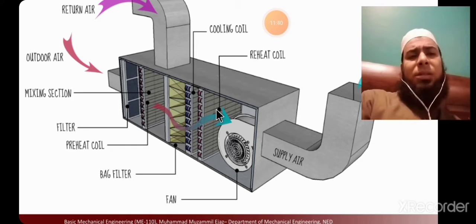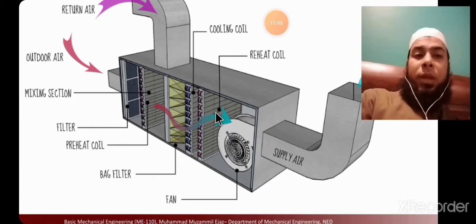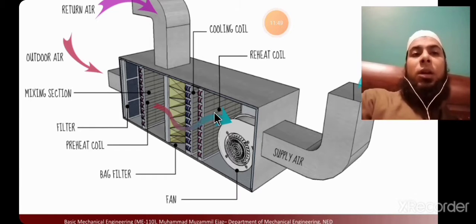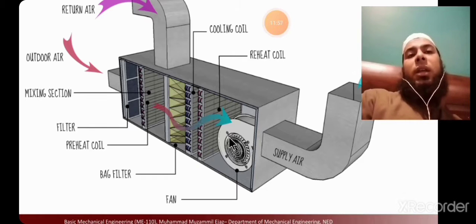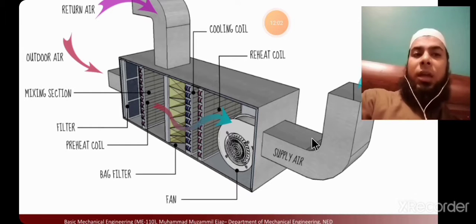In some very specific areas where we have very dry weather, we need to make the environment humid. In that case we have a water tank over here and a heating strip which boils the water and produces steam. The steam mixes with the incoming air, so the air becomes humid.